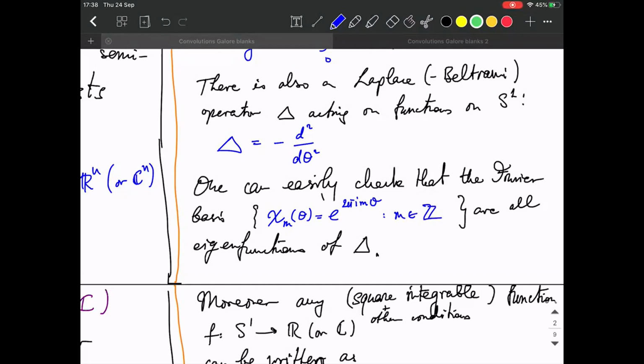So for each m, we have this Fourier basis element, and it's immediate to see by just differentiating these functions that they are actually eigenfunctions of this operator. So with the conventions that we have here, nabla of chi m is 2 pi m squared chi m. So it's an eigenvector of this operator with eigenvalue 2 pi m squared.